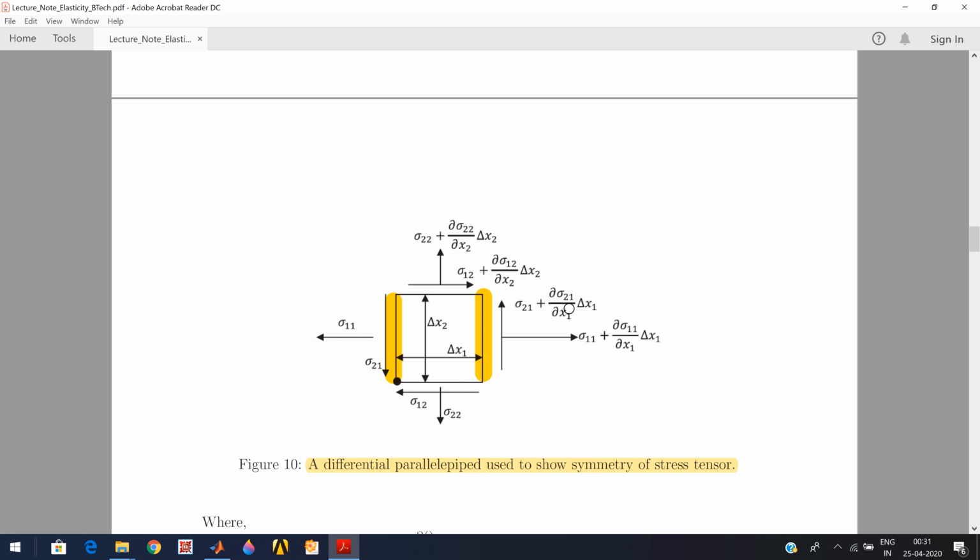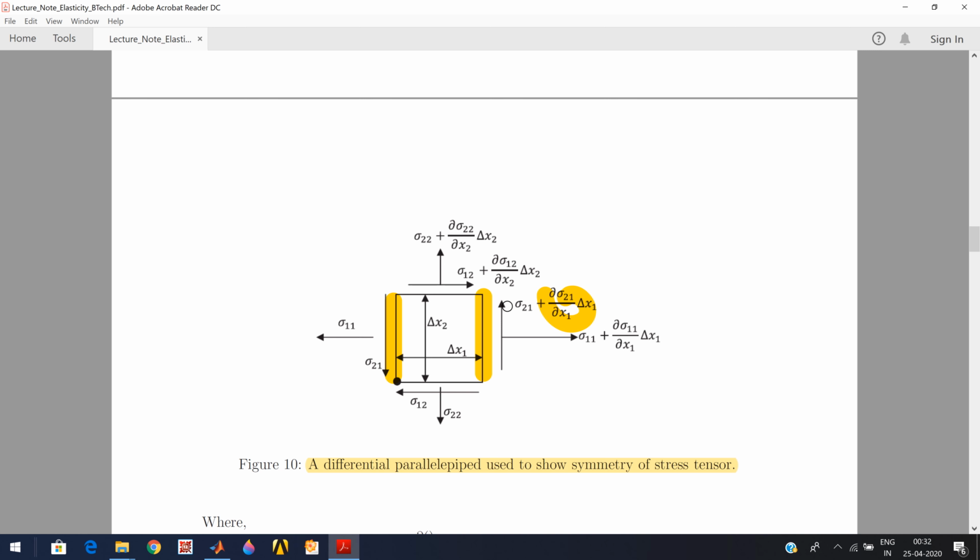There I have considered this as delta sigma 2 1. This entire thing is considered as delta sigma 2 1. And you can see this sigma 2 1 and sigma 1 2 give a counterclockwise moment.